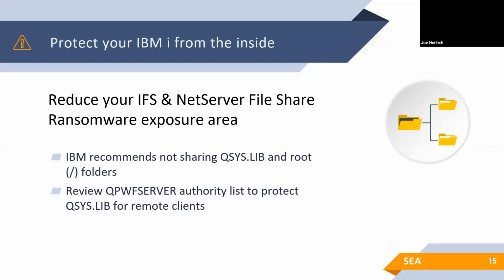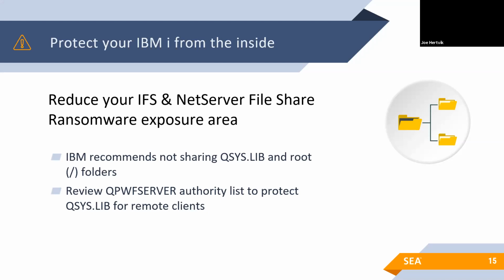There is one particular authority list, and you can check this on your own machines, and I'd urge you to consider looking at this and making whatever changes you need, called QPWFSERVER. It's an authority list that IBM put there to put additional security restrictions on users accessing the qsys.lib folder through a file share, through a remote client.